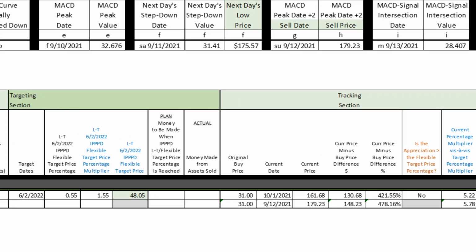Instead of a return on an investment in Solana of 55%, the return was 478%. Because the hypothetical position closed before June 2nd, 2022, we would have had a short-term capital gain for tax purposes.